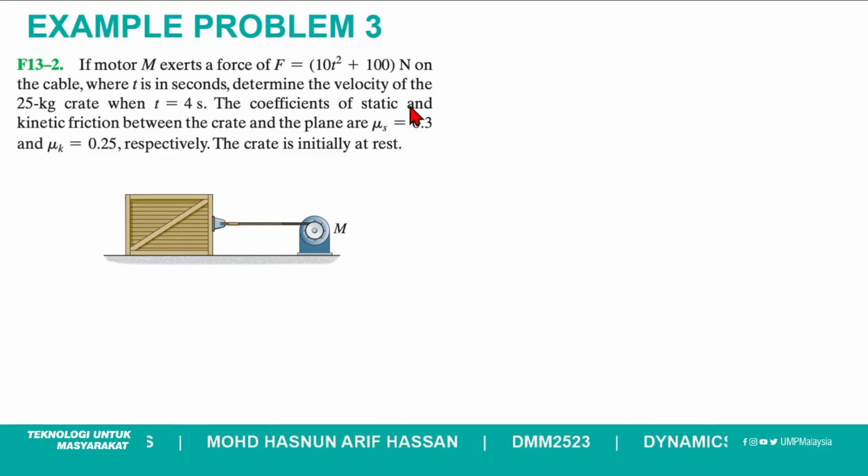The coefficient of static and kinetic friction is mu s 0.3, mu k 0.25. Okay, now this is another difference from previous problem. Previously, you only get one friction coefficient. Now there are two friction coefficients given. One is coefficient of static friction, the other one is coefficient of kinetic friction.